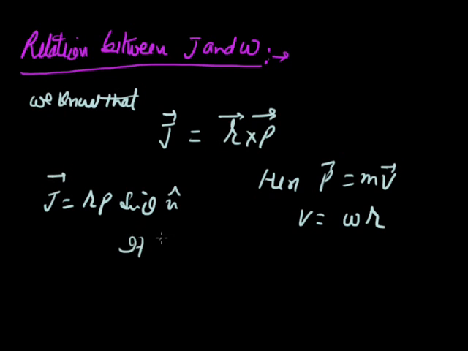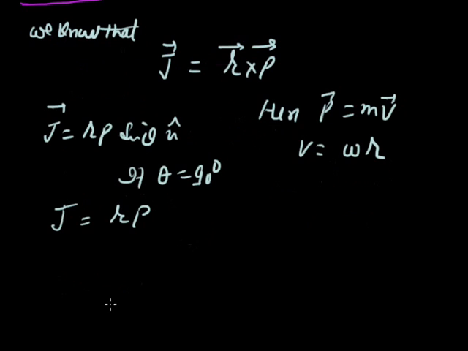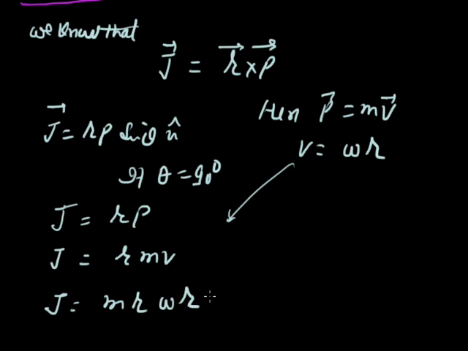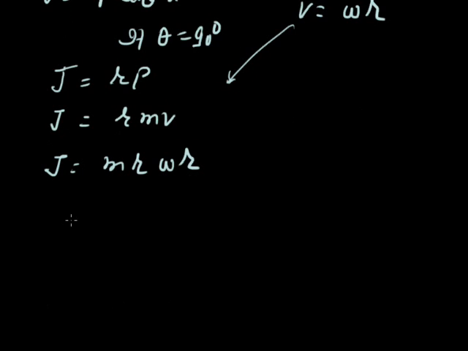If theta is 90 degrees, then the maximum value of J will be r p, or J will be r into mv. On putting the value of v here, J will be m r and omega r, or we can also write J will be omega and m r square.